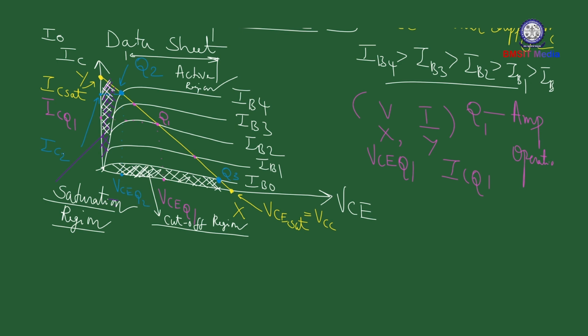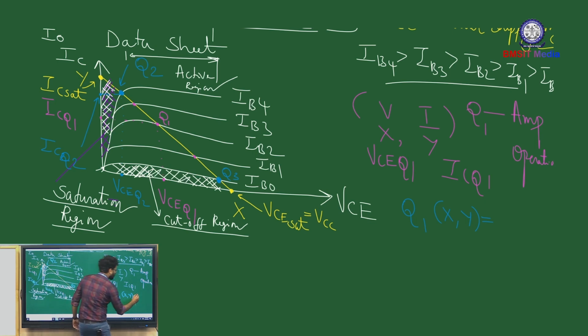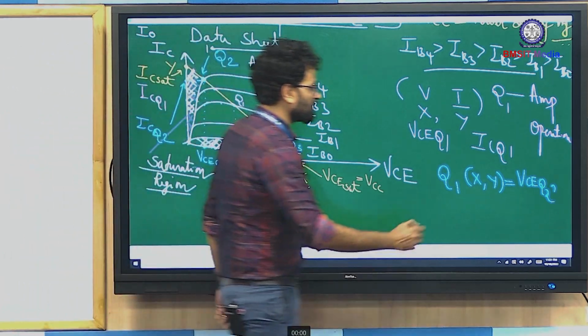So corresponding to Q2, you have obtained point X and point Y. Point X corresponds to VCE Q2, and point Y corresponds to IC Q2.